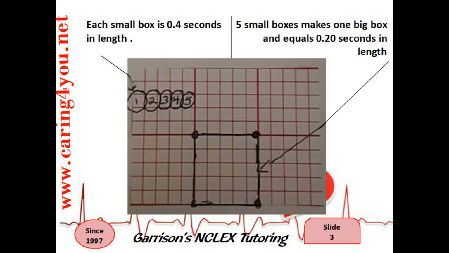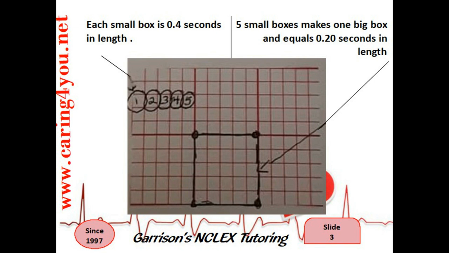Each small box is 0.4 seconds in length. Notice, if you cannot see this, I want you to stop the video or put it on the big screen or on your phone or put it on your TV, right? I drew this myself because any strip you look at on the internet looks different, and it's going to look different on the NCLEX too. This is why you have to memorize how to look at the rhythm.